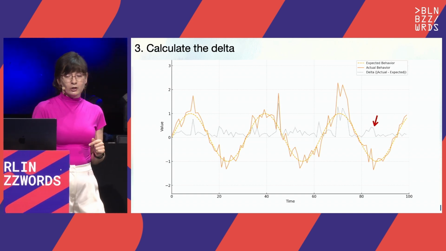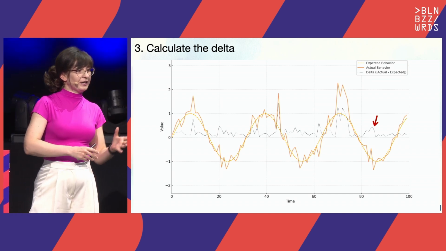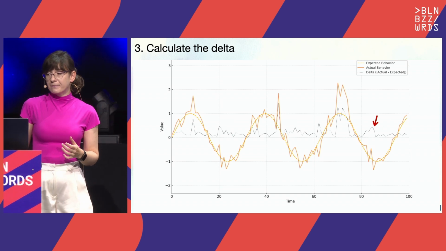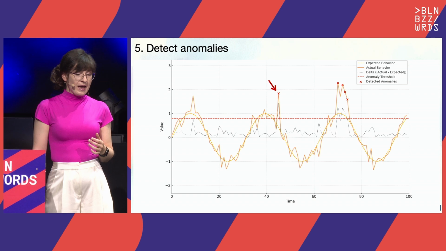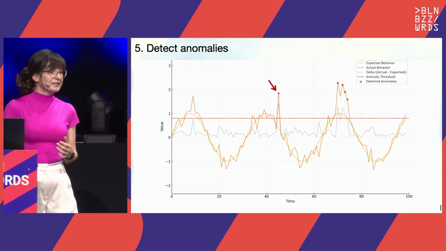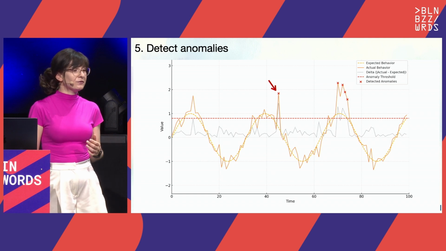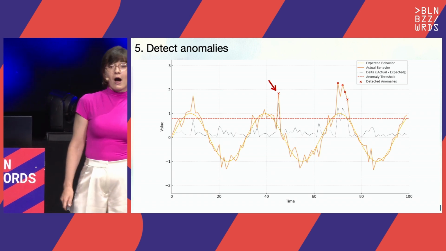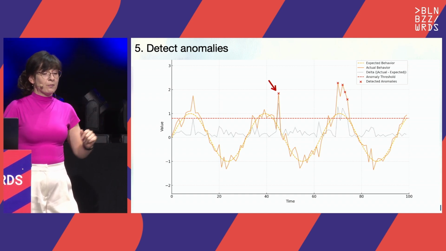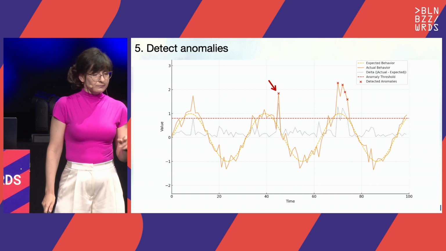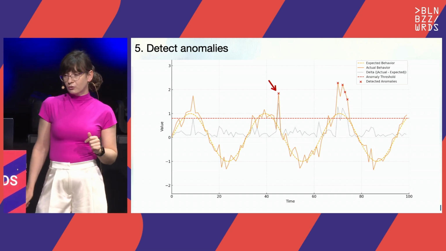Then we look at the delta, the difference between the actual behavior and the predicted one, and compare it to the threshold which we established. Based on that, we see where the numbers in actual behavior significantly deviate from our prediction based on the established threshold. And those numbers are our anomalies. So this is how it works. There is more magic to that.